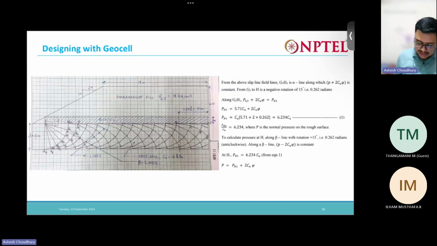So what we do, we consider this embankment, as you can see. Half the portion of the embankment is taken: the total was 36 meters, so 18 meters.